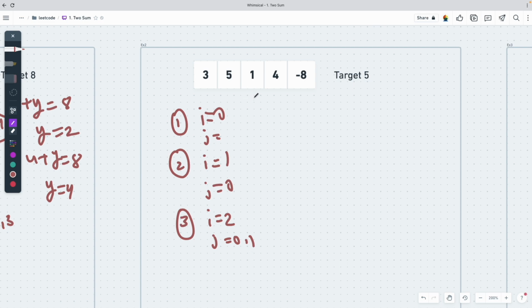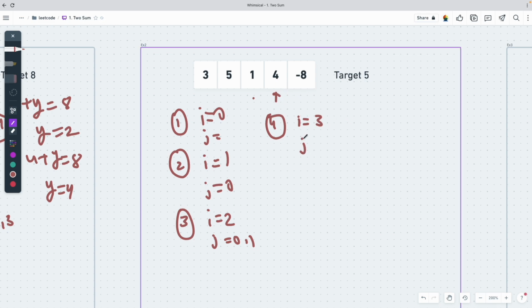So i is 2, j is 0, 1 plus 3 is 4, so that is not the solution. When i is 2, j is 1, 5 plus 1 is 6, so that is also not the solution. Now let's go to the fourth iteration, that is when i equals 3, which is here.